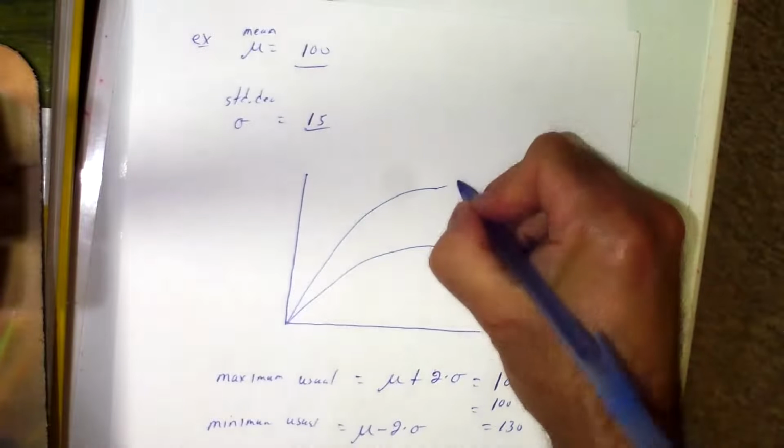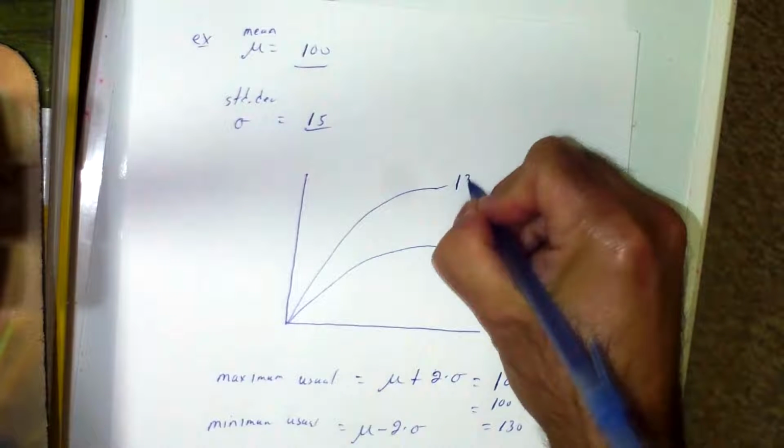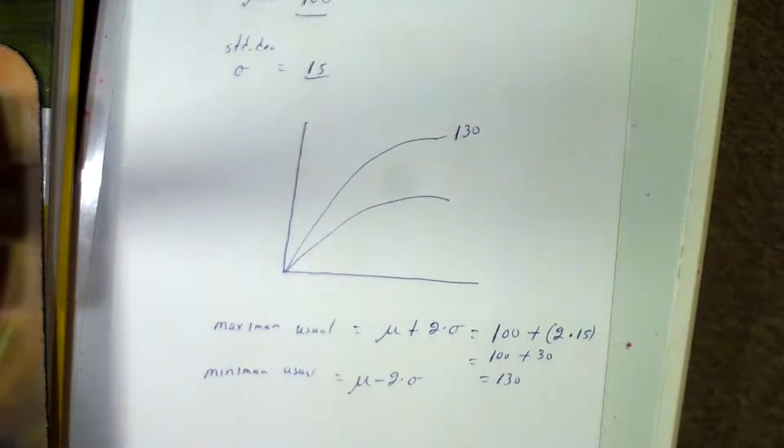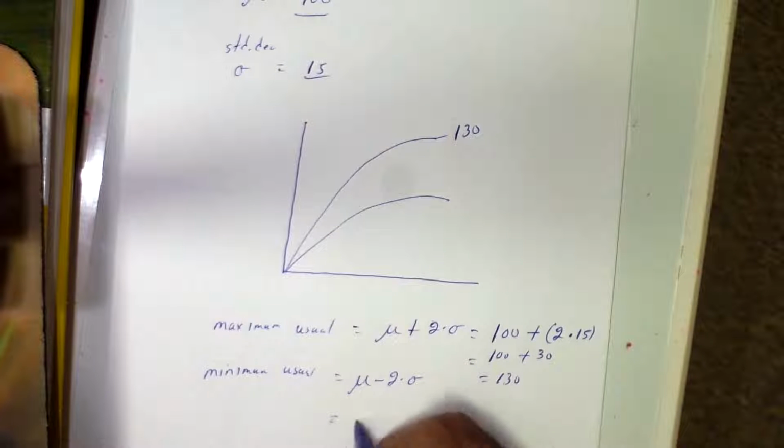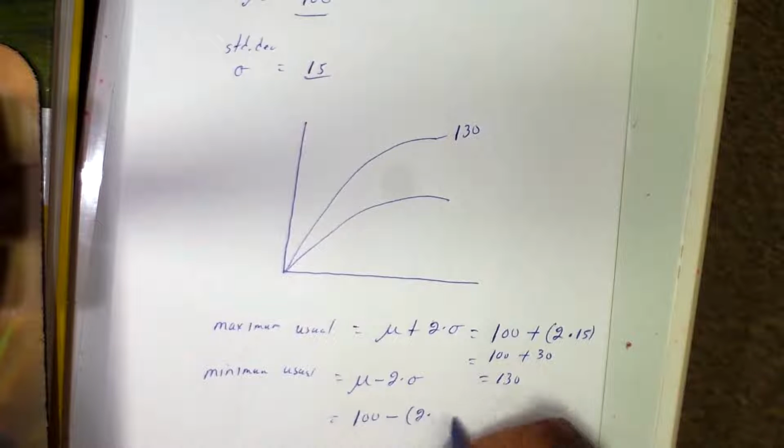So this is my max usual. I do the same formula, but instead of a plus, it's going to be a minus. So that's 100 minus 2 times 15, so that's 100 minus 30, which gives me 70.